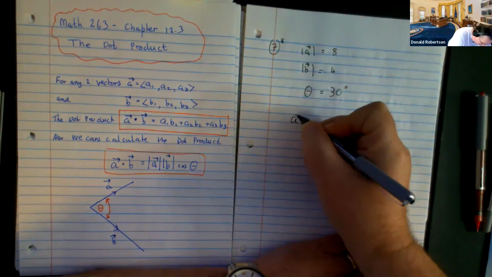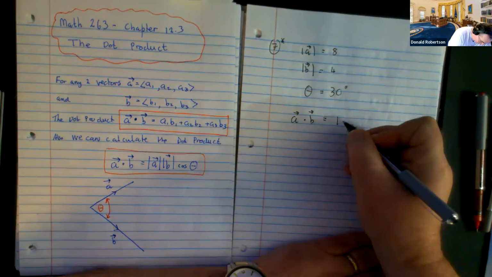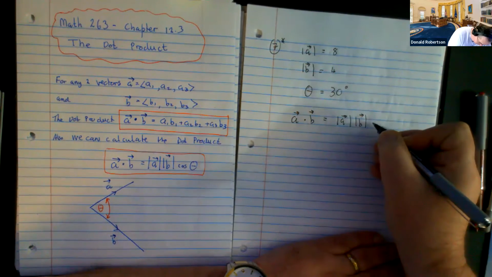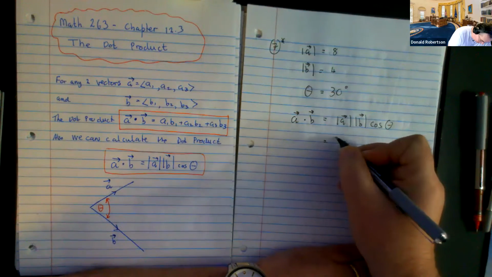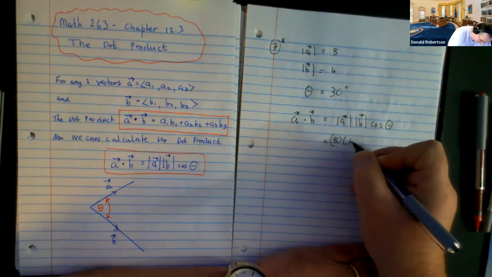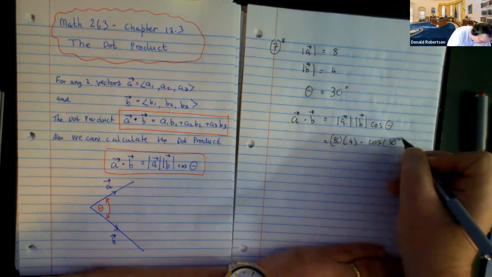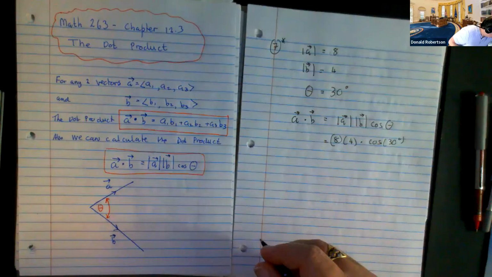And so we want, unless they tell you to 2 decimal places, we want exact values for these types of questions. So it's going to be 8 times 4 times the cosine of 30 degrees.